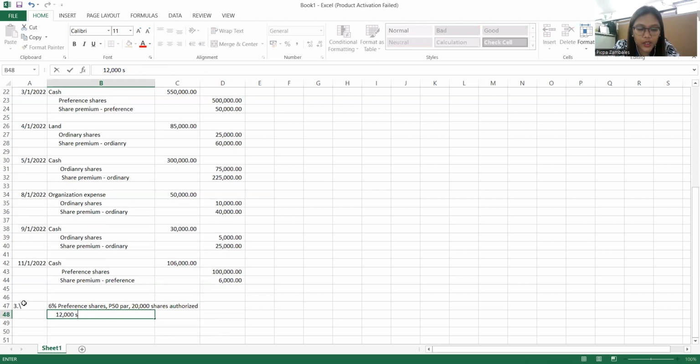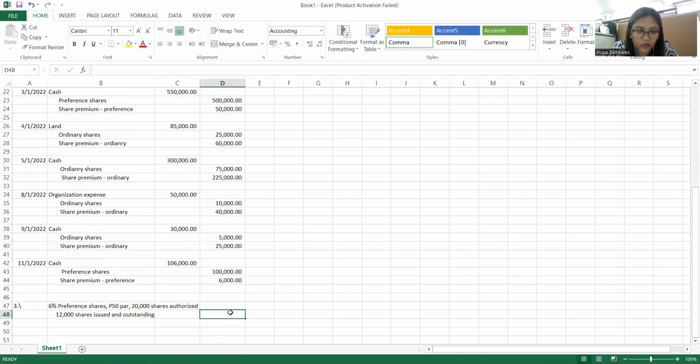Issued and outstanding shares. So how much is that? That is on March 1, it's 500 plus 100, so 600,000.